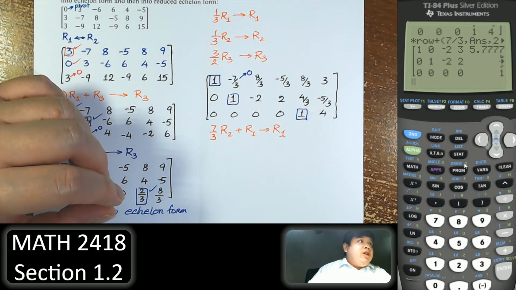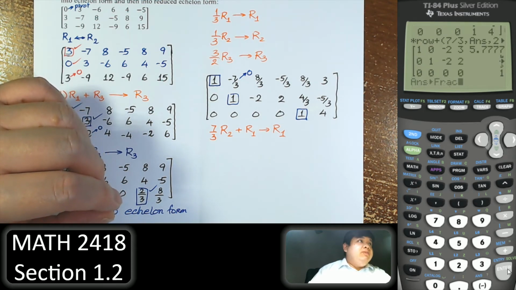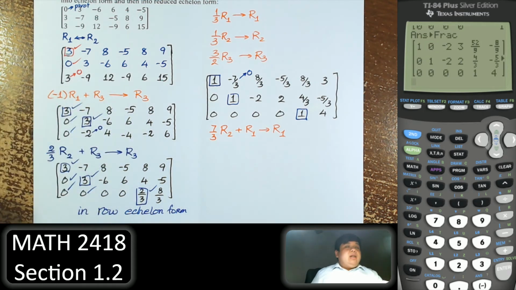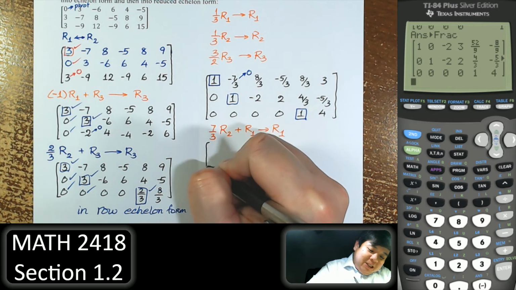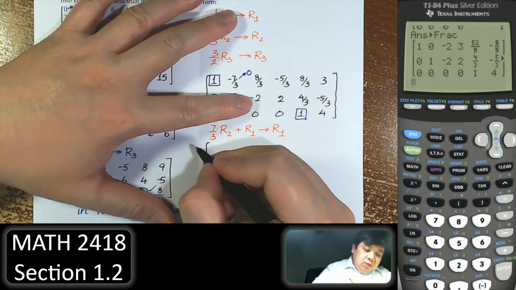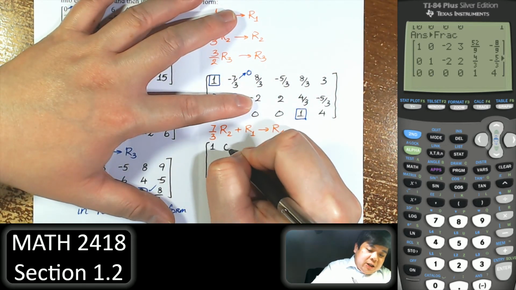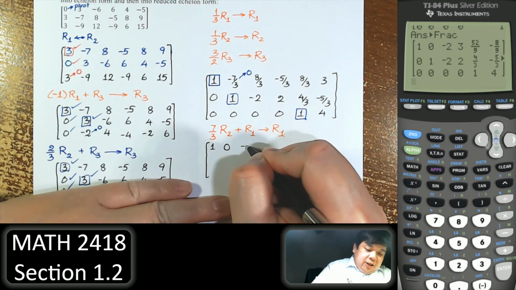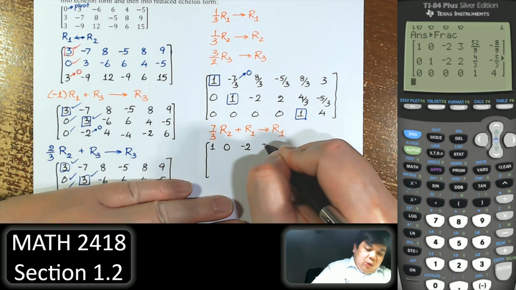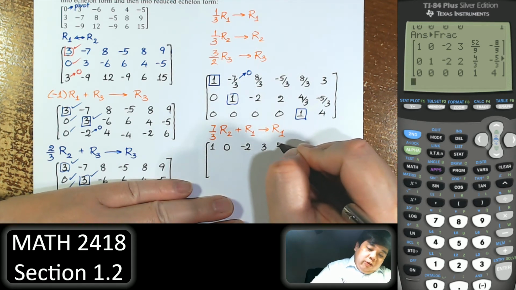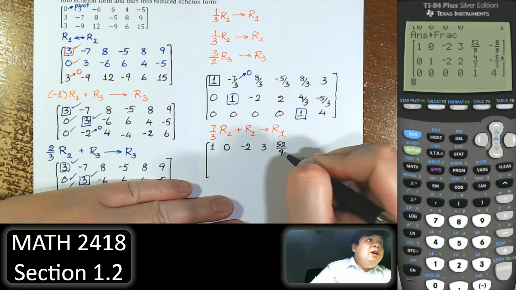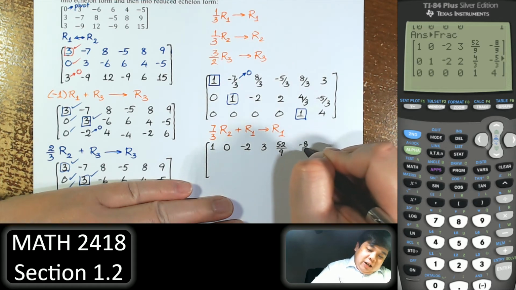Then decimal here, change to fraction. Right, don't worry, just write down 1, 0, negative 2, 3, 52 over 9, negative 8 over 9.